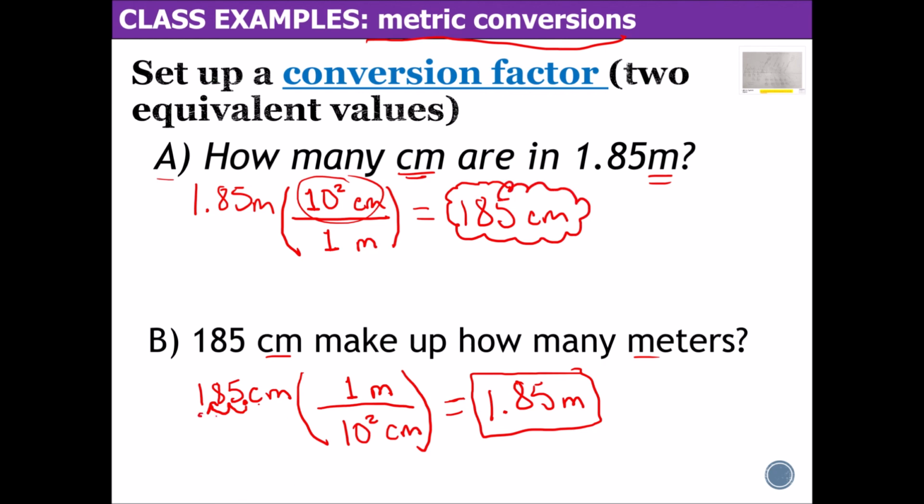All right, so again, this is like saying over 1. So if I were to look at this as 2 fractions, 185 divided by 1 times 1 over 100 equals 1.85 meters. But you do not have to show the parentheses or the 1 with the starting factor.